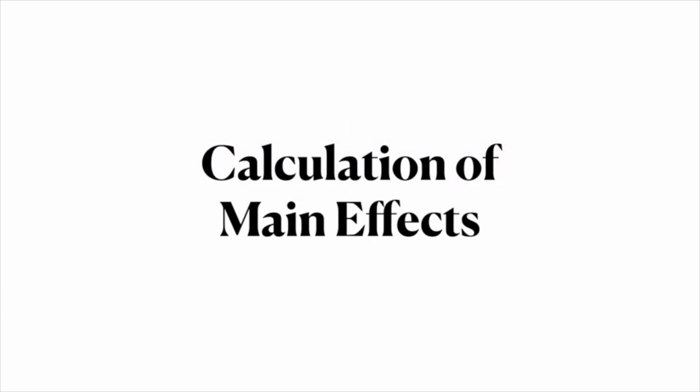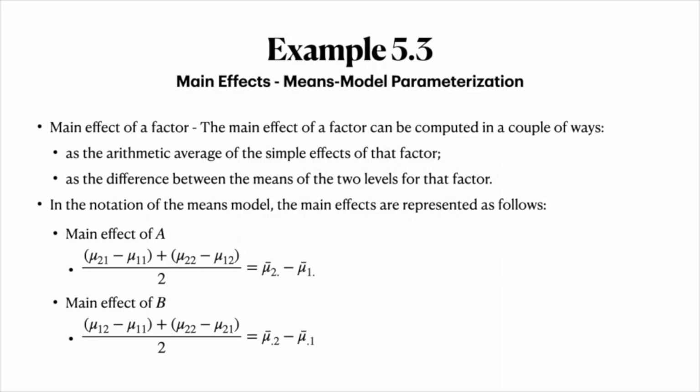All right, now that we have the simple effects, we can calculate the main effects. Recall that the main effect of a factor can be defined and computed in two different ways. The main effect can be defined as the arithmetic average of the simple effects of the factor. It can also be defined and calculated as the difference between the means of the two levels for that factor.